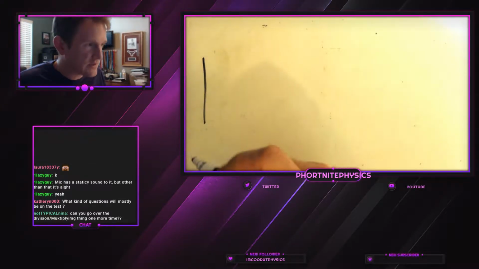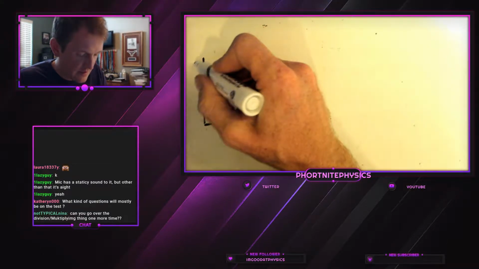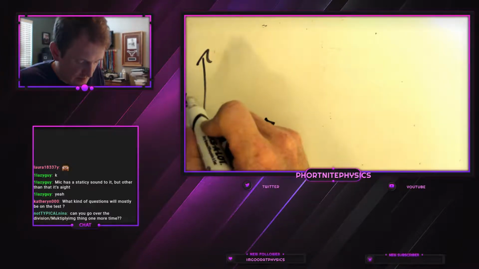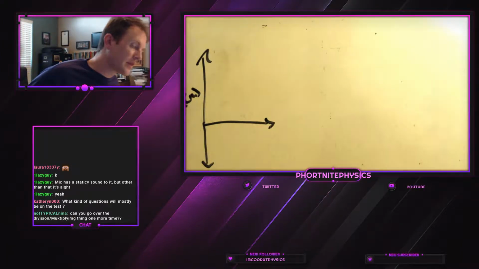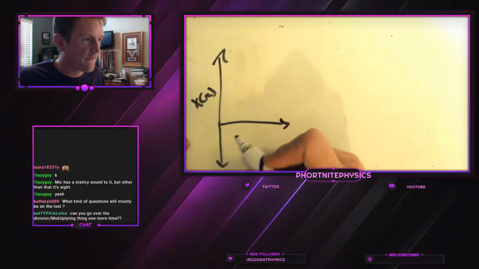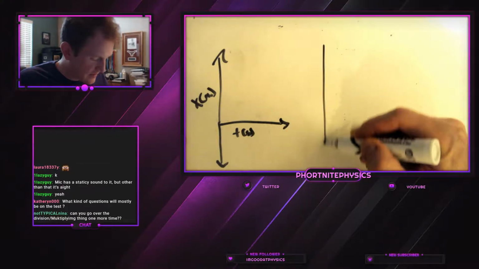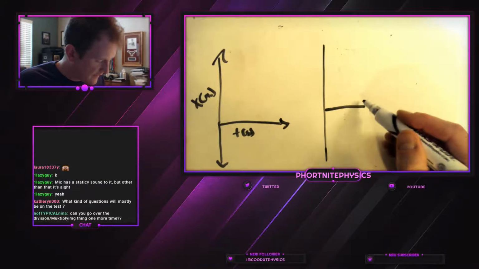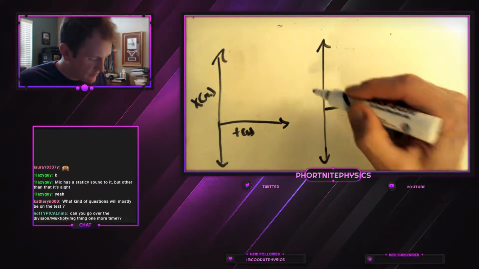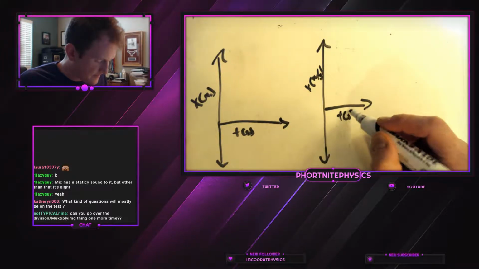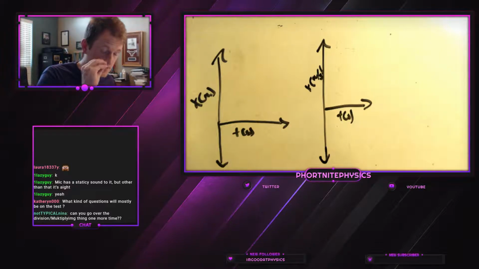Okay, so let's take a look at a position versus time graph, X in meters over time in seconds, and then a velocity versus time graph. Okay, and let's just discuss the features.